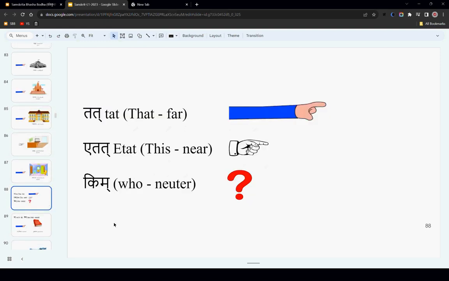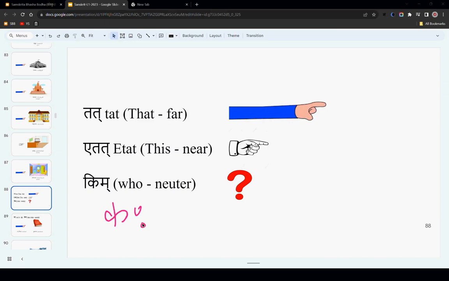Here the question word would be kim, because this also has to change its form to refer to a neuter gendered word. That is Napumsakalingam. So previously this was kaha for pullingam.